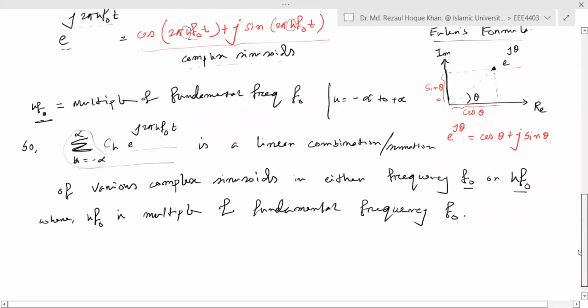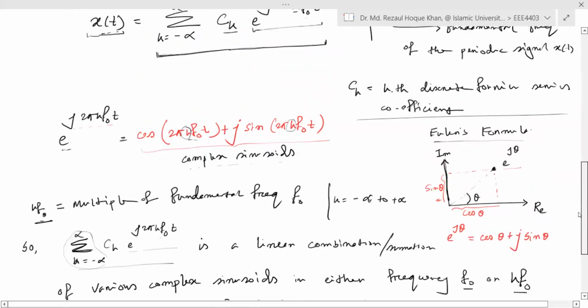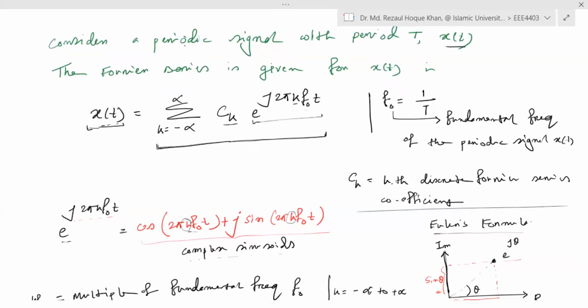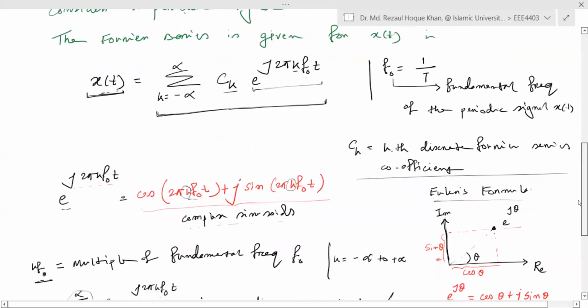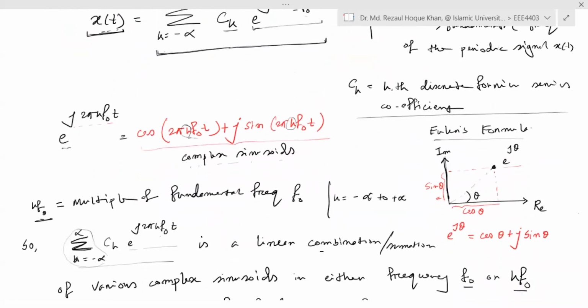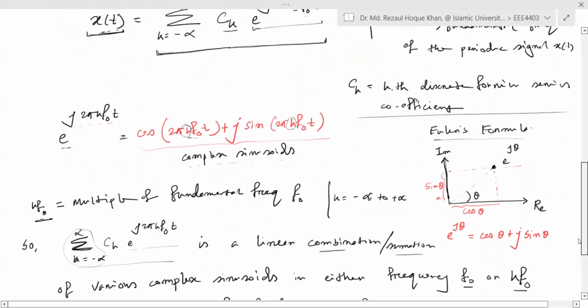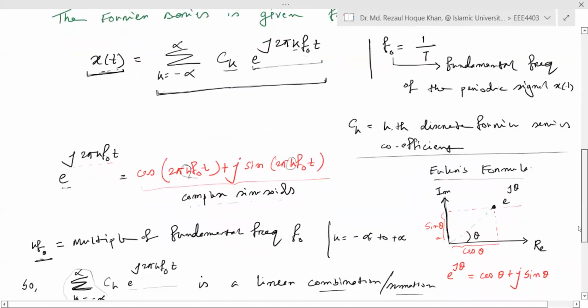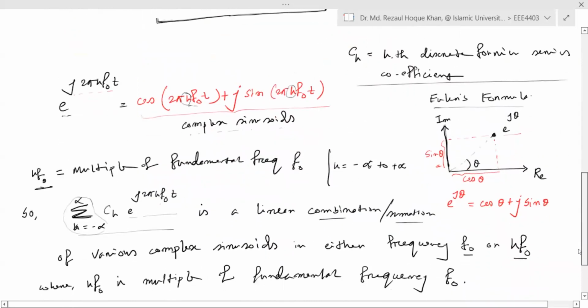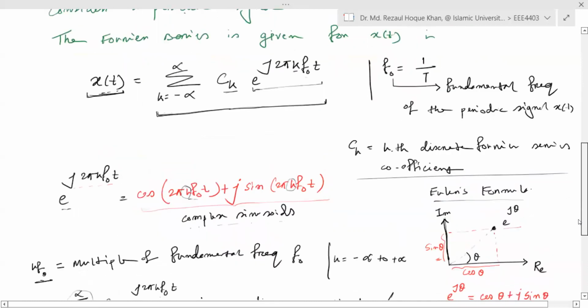So we can conclude that a periodic signal x(t), or any periodic signal, is a linear combination of various complex sinusoids, either the fundamental or multiples of the fundamental f0, or its harmonics. These various frequencies we can call harmonics.